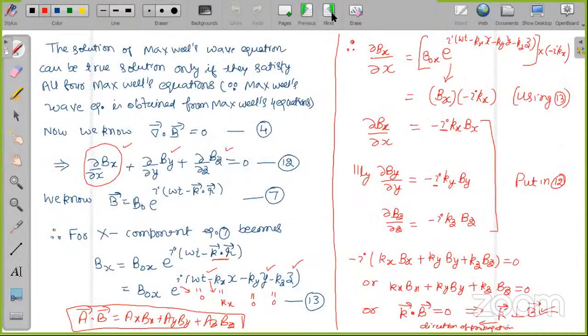Just as we have proved in this equation, let us say this is equation number star.